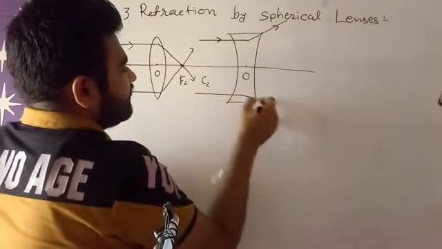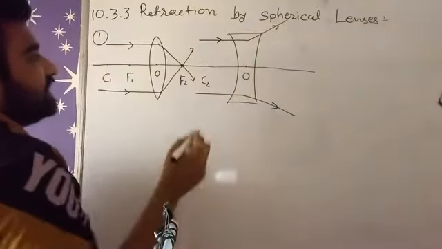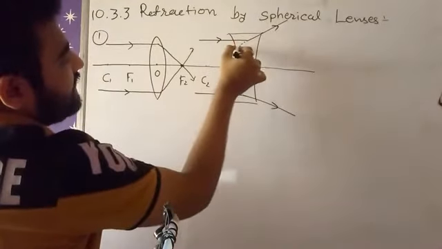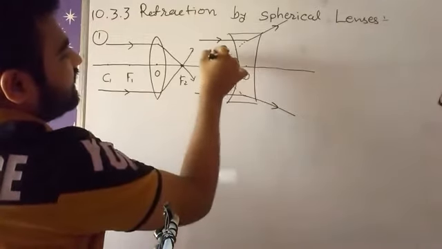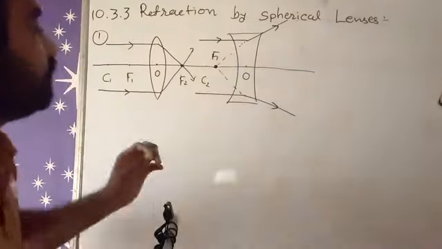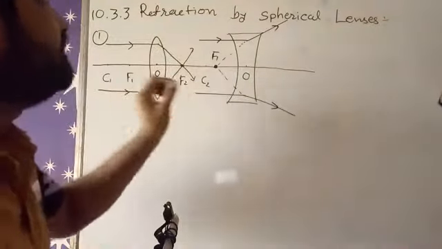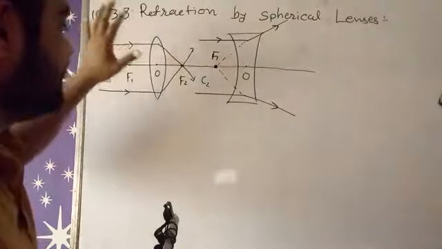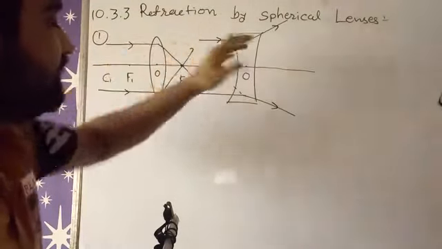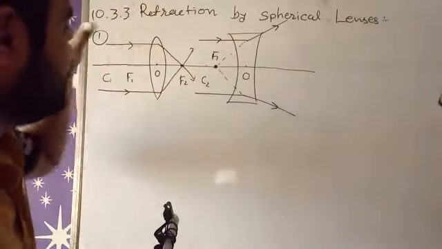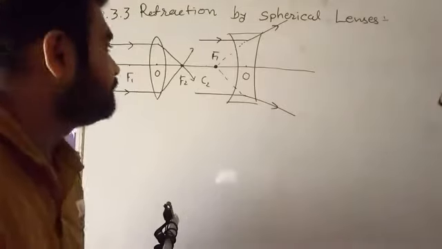So here it is diverging, but if we draw the lines backward, these lines intersect at one particular point, and that is called our principal focus. So here we are getting the image on the first principal focus. Here we are getting the second principal focus on the same side. This is on the other side. On the same side we are having a virtual image. Here we are having a real image. So that is the first characteristic of lenses.